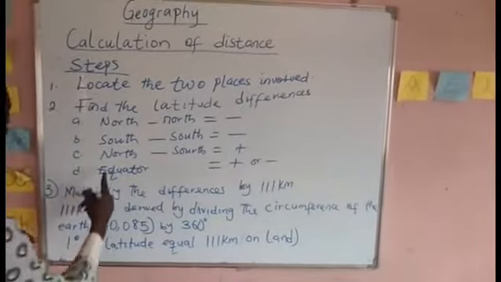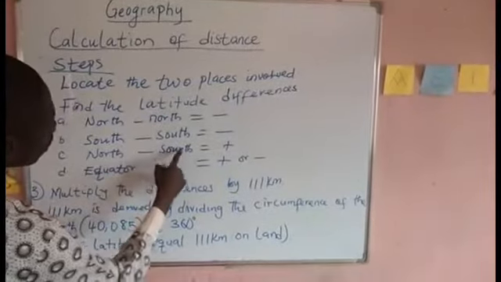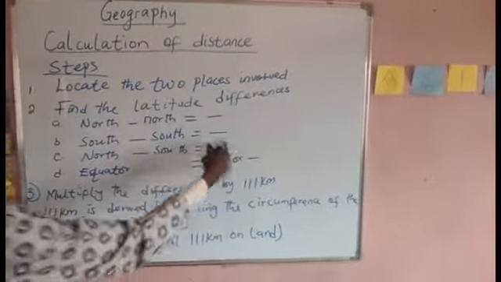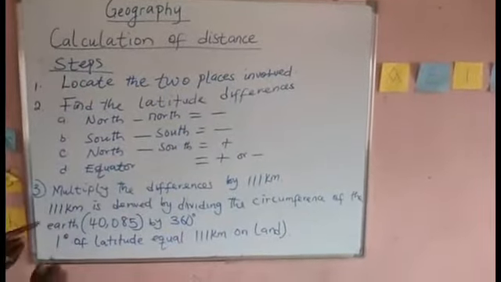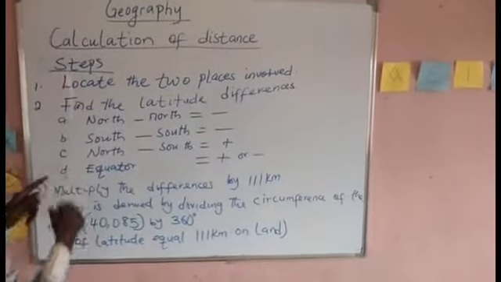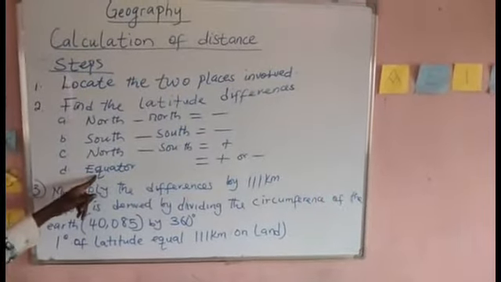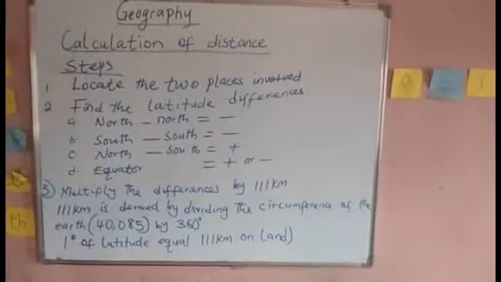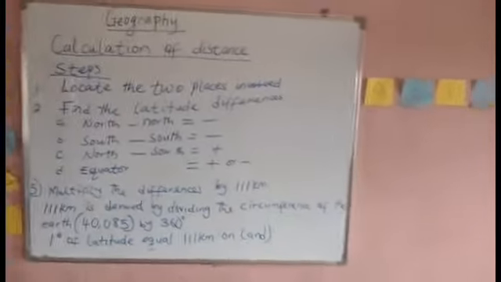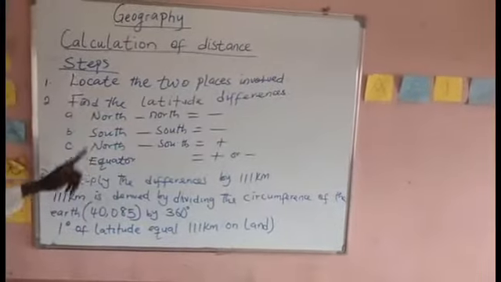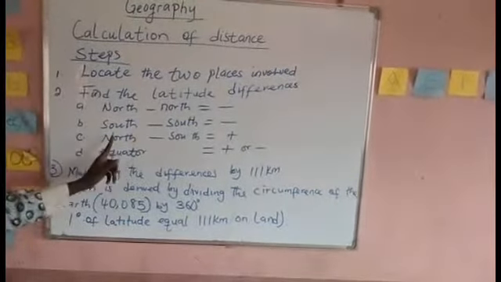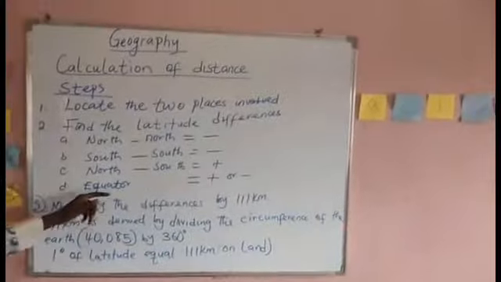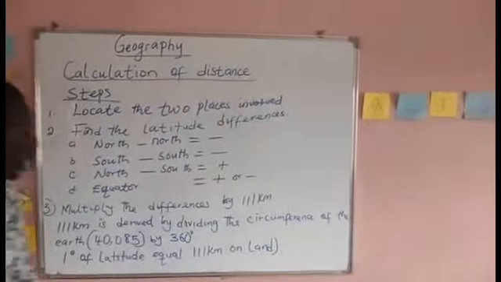If the latitude given to you is north and south, you add. And if the latitude given to you is around the equator or the equator itself, you either add or you subtract.